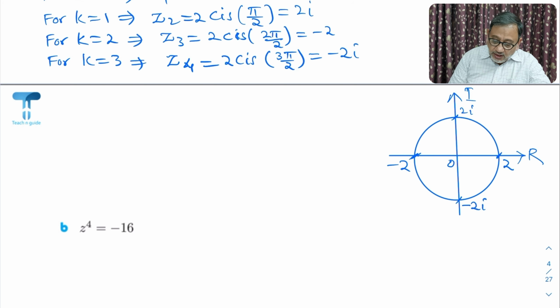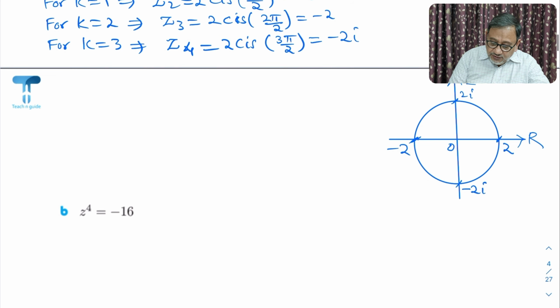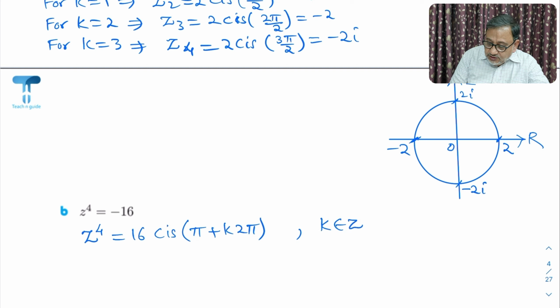And when you write it in the polar form, minus a real number means cis pi only, because cos pi is minus 1, sin pi is 0, so we don't have the imaginary part. So therefore z to the power 4 I can write as 16 cis (pi plus k into 2 pi), where k belongs to Z. This is in polar form.